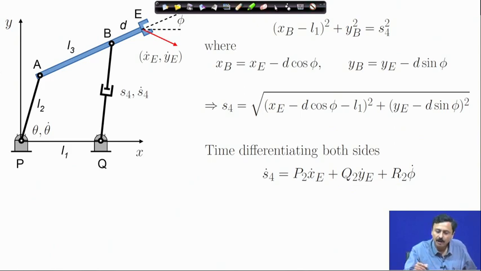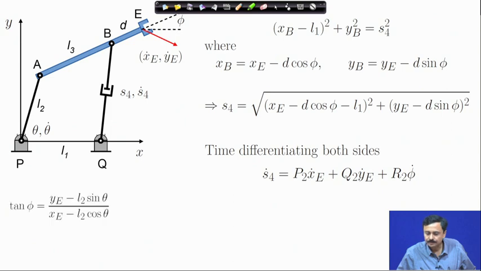Now, we have involved phi. So, let us see how we can find phi, and we have also involved cosine phi and sin phi as well as phi dot.